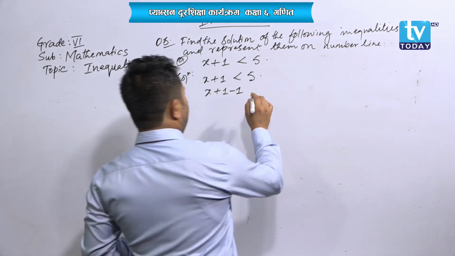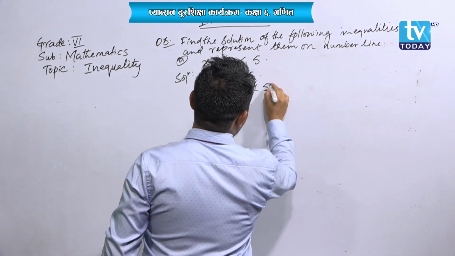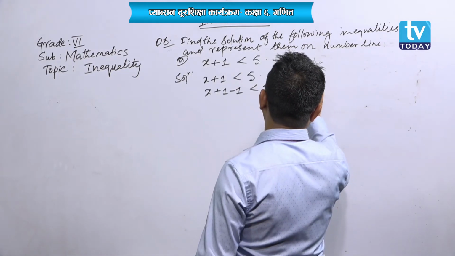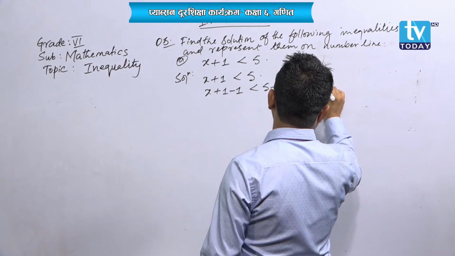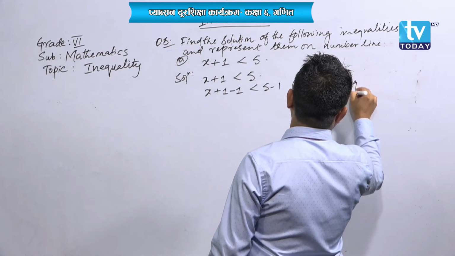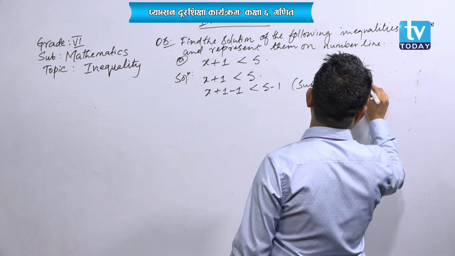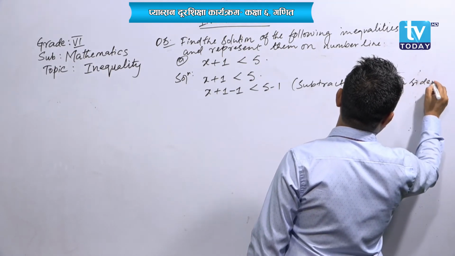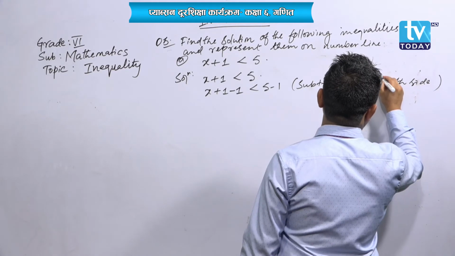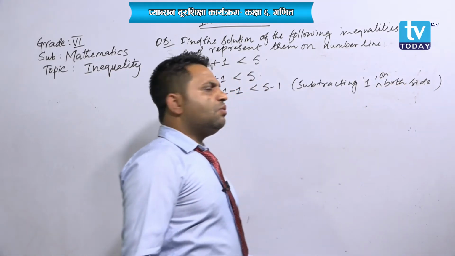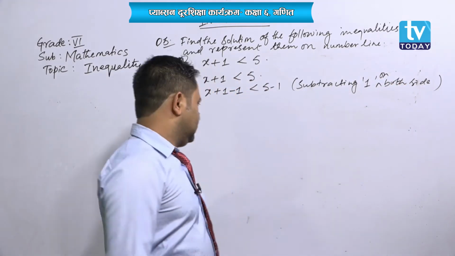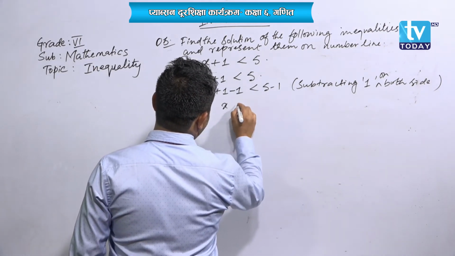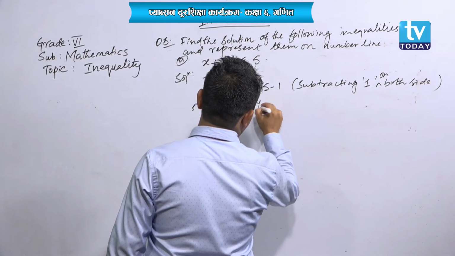Then 5 minus 1, that means subtracting 1 on both sides. Or you can write x less than 5 minus 1, 4.